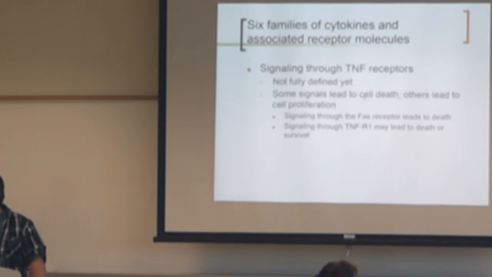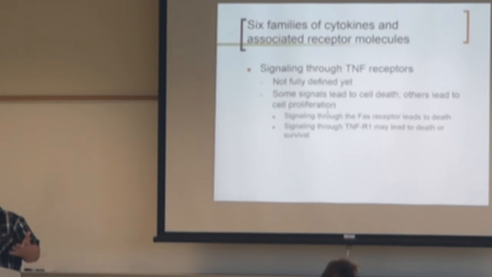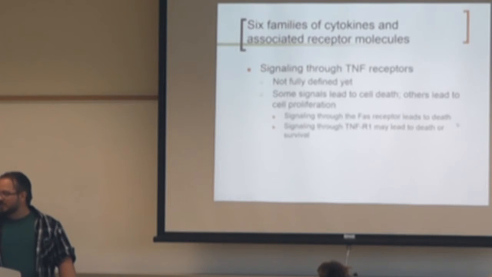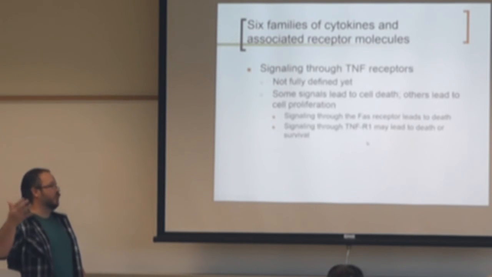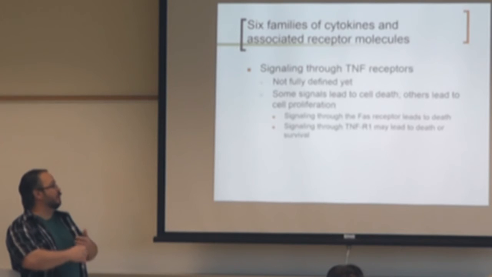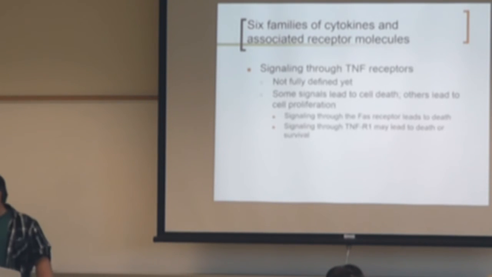Signaling. With these TNFs, the receptors are not fully defined yet. We do know that in some cases they can lead to cell death or survival, and the same cytokine can lead to cell death or survival through the same receptor.